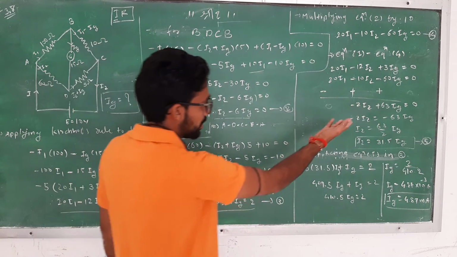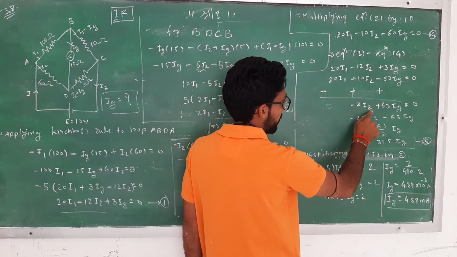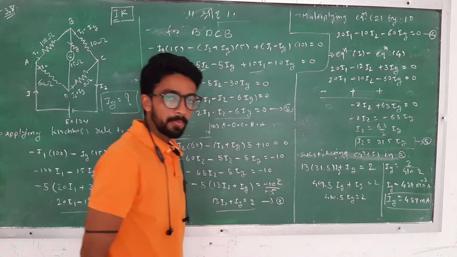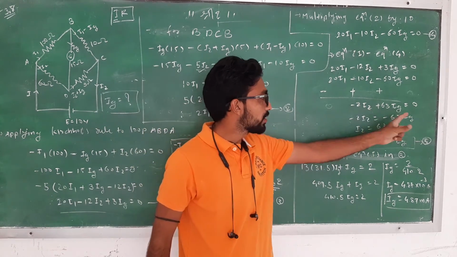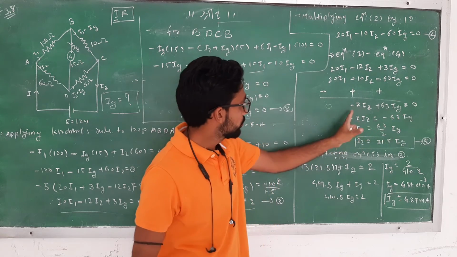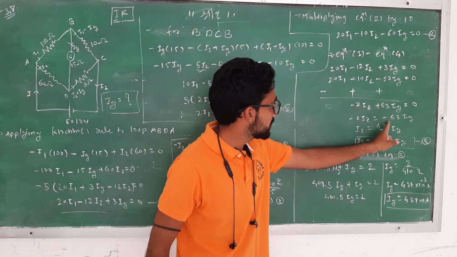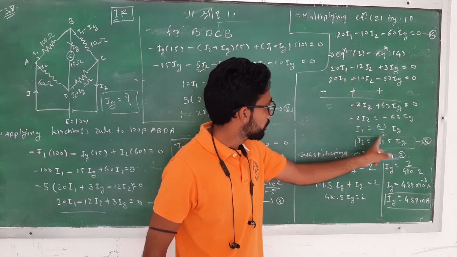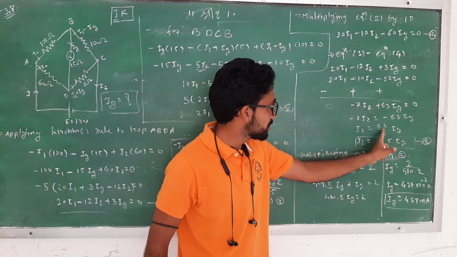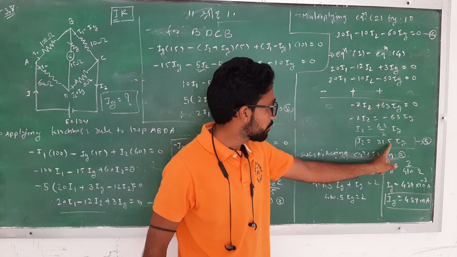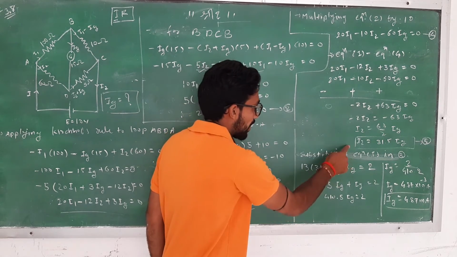Now from this equation you can find the value of I2 in terms of IC. So minus 2I2 is equal to minus 19IC. Minus minus cancel, 19 by 2, that is 9.5. This is your I2 value.